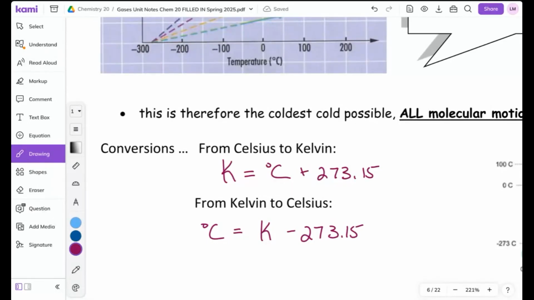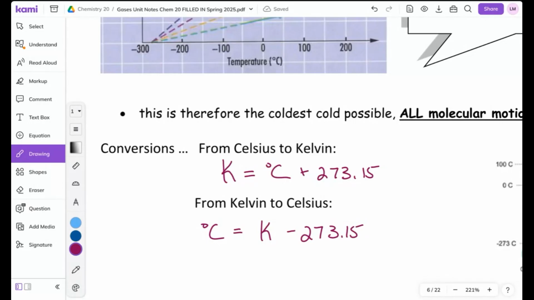You do need to know how to convert between Kelvin and degrees Celsius, because sometimes you'll get calculations where you're given the temperature in degrees Celsius and you need to convert to Kelvin in order to do the calculation.